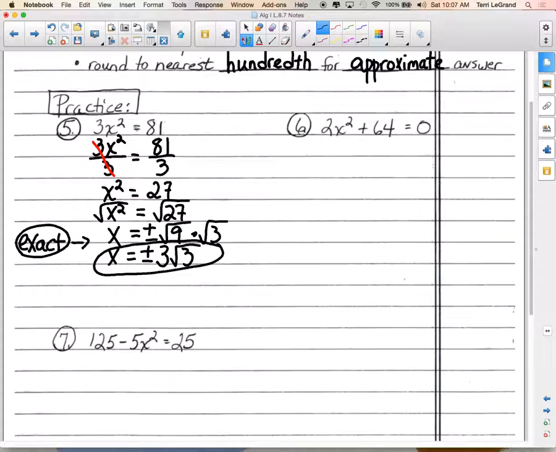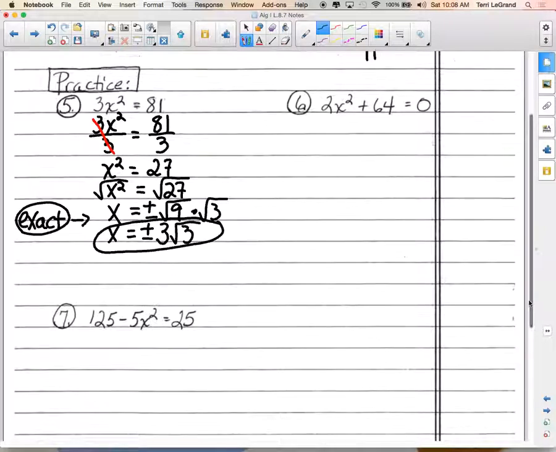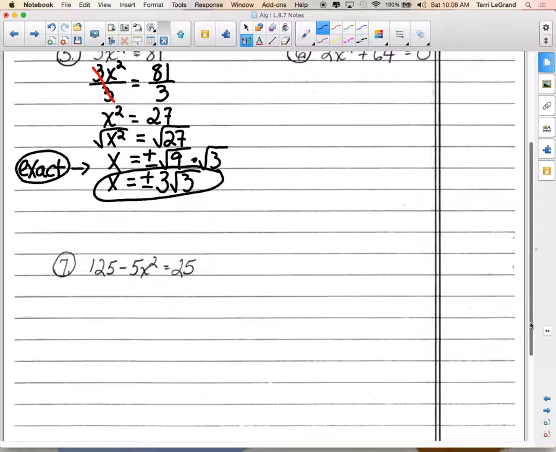Or in other words, if we put into our calculators the square root of 27 and found out what that displays, and then we put into our calculators 3 times the square root of 3 and see what that is equal to, those two values should look exactly alike. This is just another name for the square root of 27, but it has been simplified and left in radical form, in other words, what we call exact.